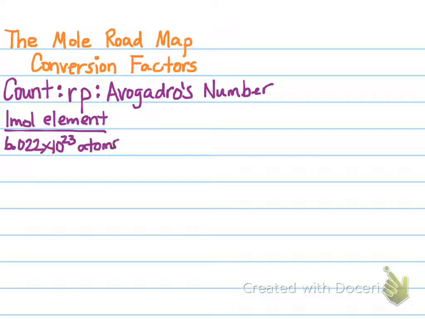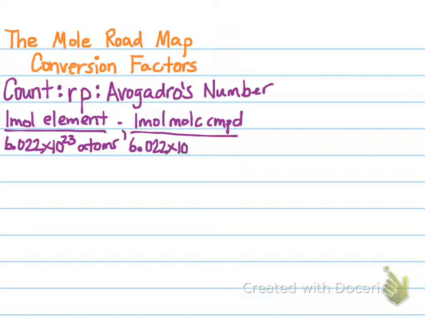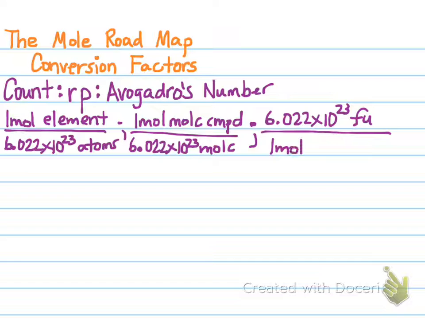And again, I can flip it. I can have 1 mole of molecular compound over 6.022 times 10 to the 23rd molecules of that compound. And lastly, I can have 6.022 times 10 to the 23rd formula units over 1 mole of ionic compound. Those were our ways of measuring matter as a count.